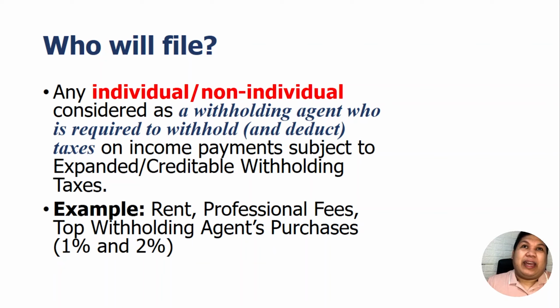For example, if you are claiming rent expense on your income tax return, and it was found out that you failed to withhold the 5% withholding tax on your income payments to the lessor, then that rent expense will be disallowed. Or if you are claiming repairs and maintenance and you have failed to withhold the tax, again, that's also a disallowance. So as much as possible, if you are required to withhold any taxes on your income payments, you should be withholding that.